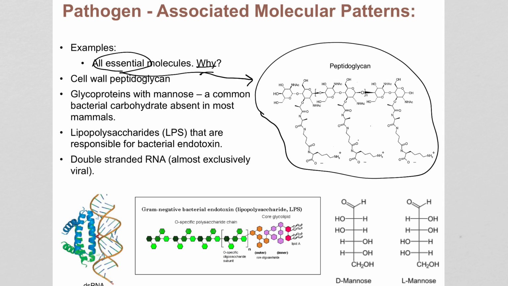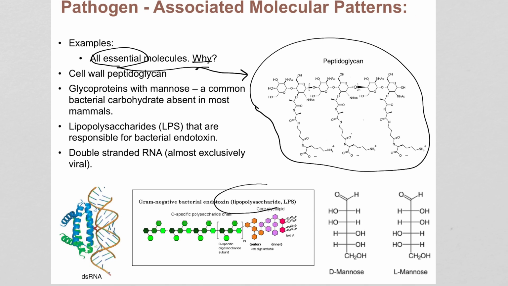So peptidoglycan, LPS in bacteria, mannose is a sugar that's not found in humans, that is found in bacteria, and double-stranded RNA is used for viruses. Viruses are a lot simpler, so there aren't as many of these pathogen-associated molecules to go around for them.